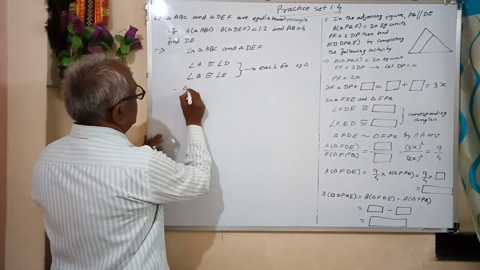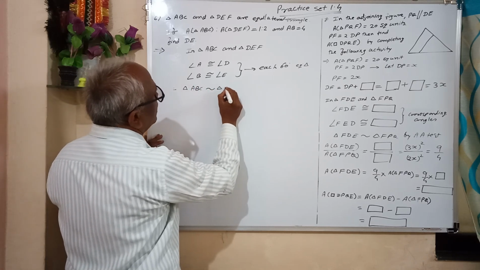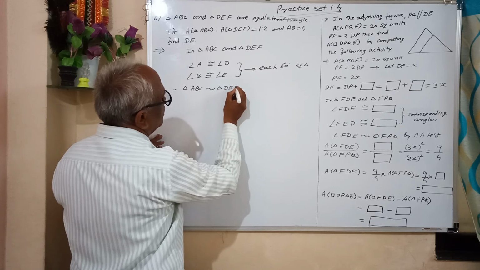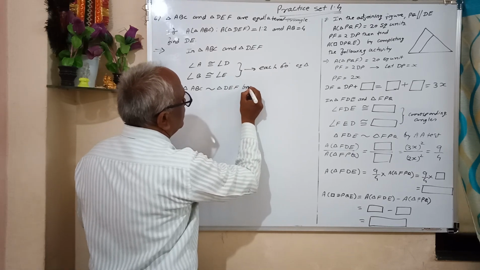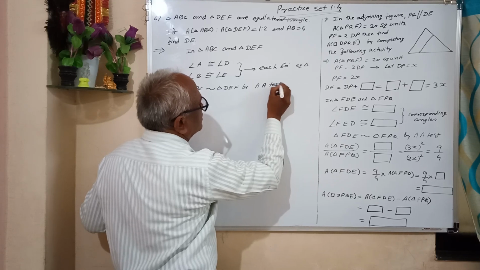Therefore, triangle ABC is similar to the triangle DEF by AA test.